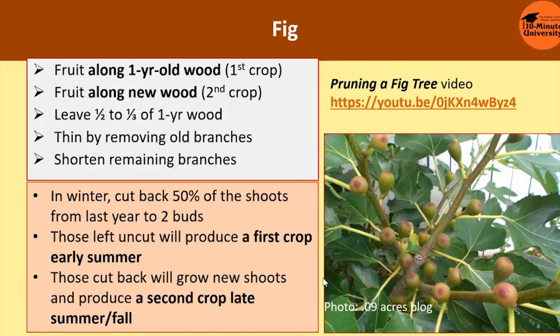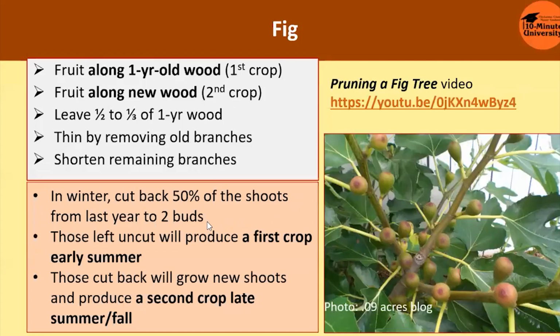And one way to think about pruning fig is anything that's 2 years or older is not productive. It only works as scaffold to support the fruiting wood. And what you could do is in the winter, cut back 50% of the shoots from last year and just cut it down to 2 buds.